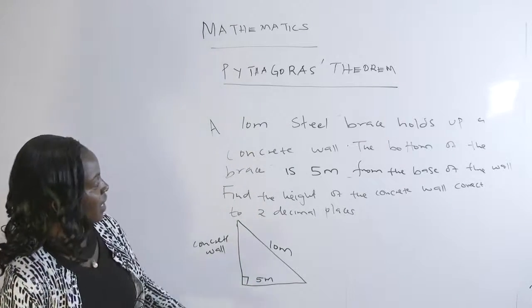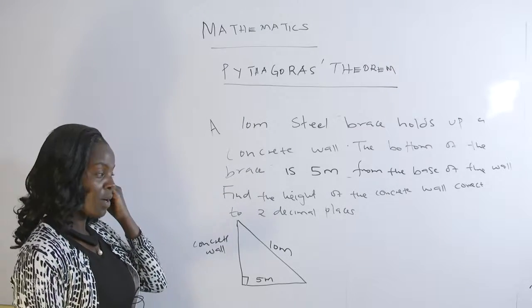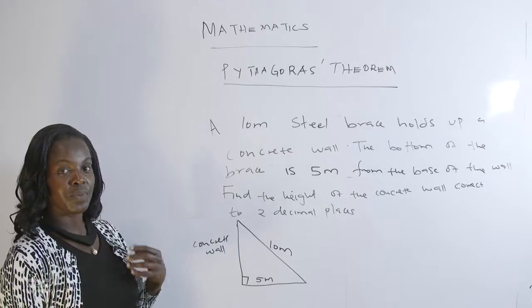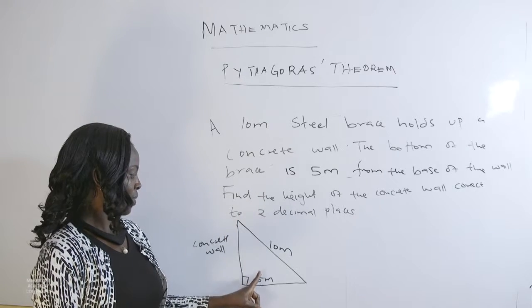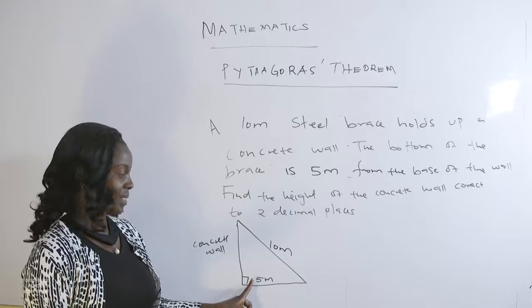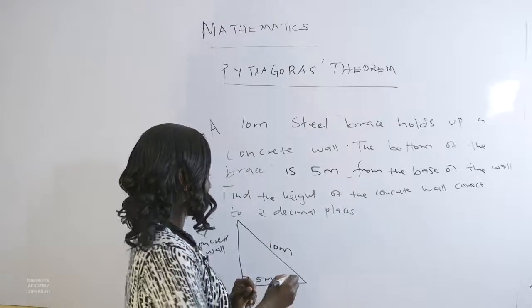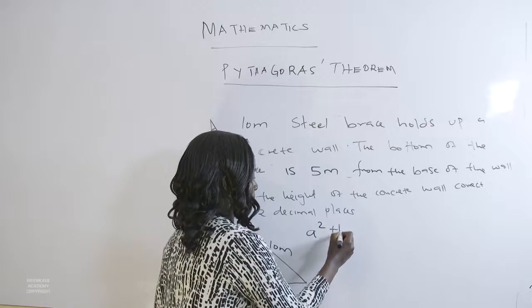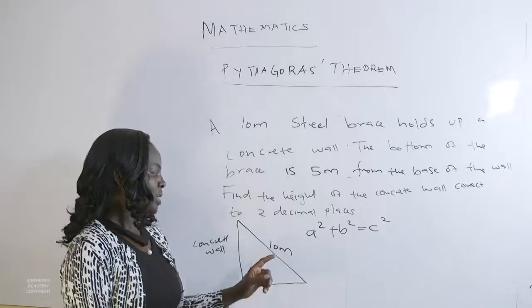So the question is, find the height of the concrete wall, correct to 2 decimal places. For a question of this nature, because you realize this is a right-angled triangle, we apply the Pythagoras theorem. Which side is unknown?